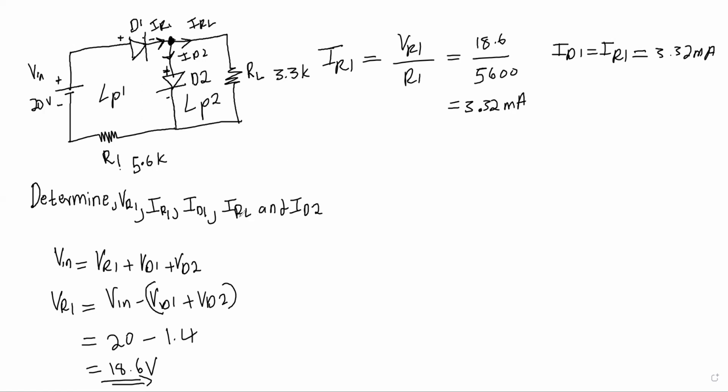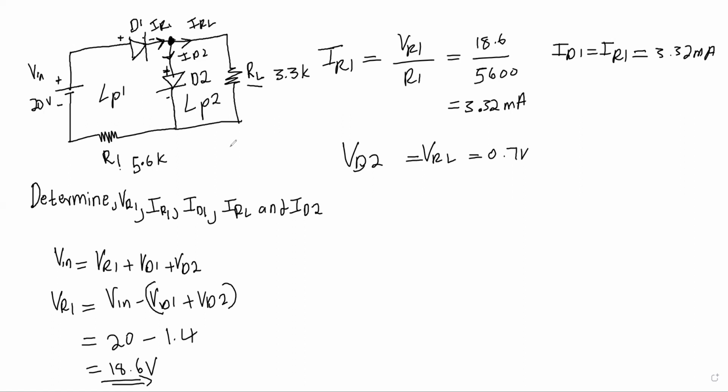So what are IRL and ID2? To determine IRL, we focus on loop 2. RL and D2 are in parallel, so the voltage across RL is the same as the voltage across D2. That means VD2 equals VRL, both equal to 0.7 volts.